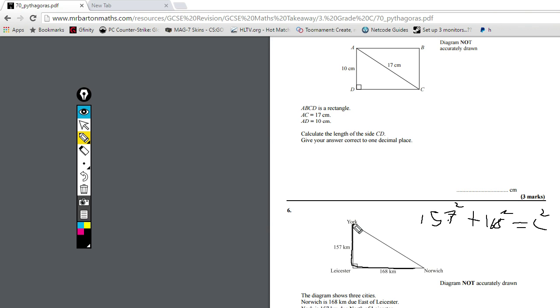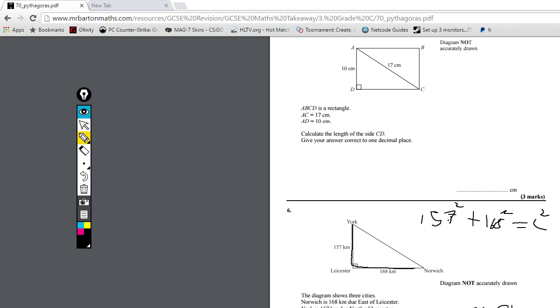And the distance from York to Norwich, or Norwich to York, either way, is 229.94. Now, it asked us to give it correct to the nearest kilometre.